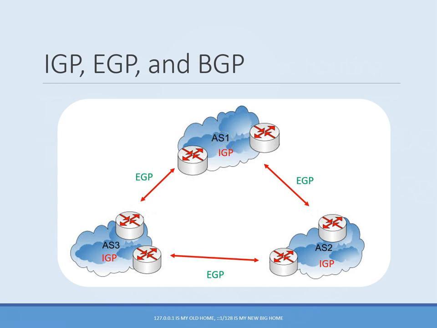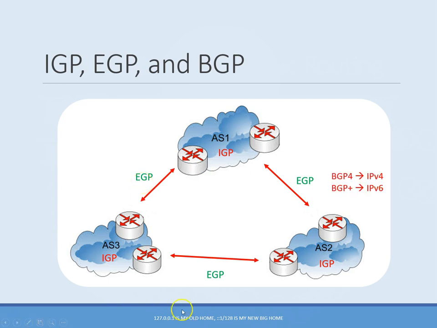The exterior gateway protocol, or EGP, is used to route packets between ASs. So in this connection we have to configure one EGP, and here one EGP, and here one EGP. That is why we call this one interior and this one exterior.